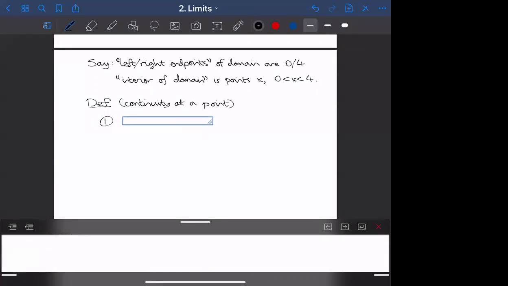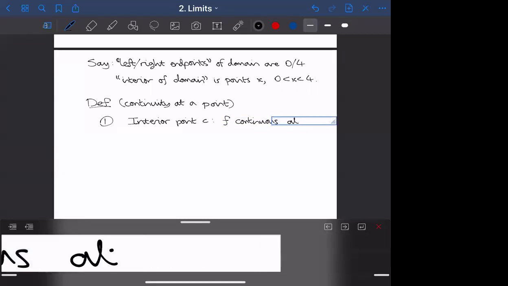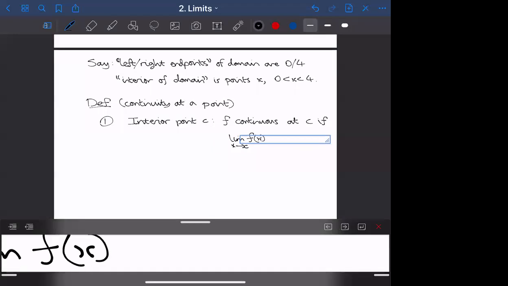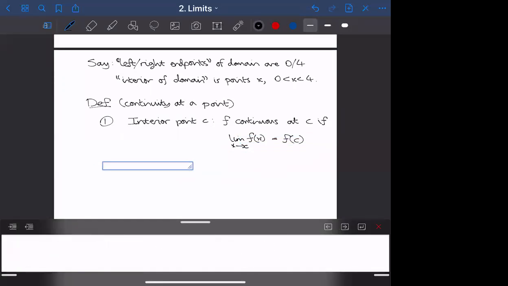So the first case is if I have an interior point, say c. Then I say that f is continuous at c if the limit of f of x as x goes to c equals the value of the function f of c. Point.